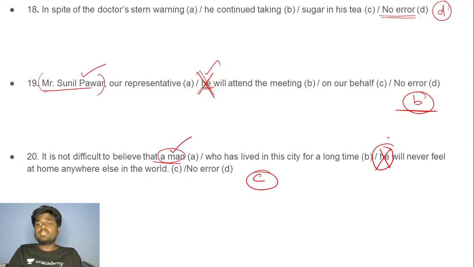So there is no need for the word he in the later part of the sentence. So the real error is with option C again. It is not B. B is all fine. Who has lived in the city for a long time, it is all fine. So the real error is with option C.